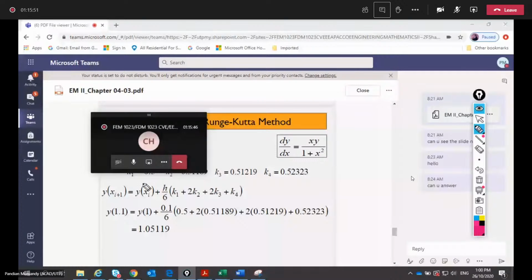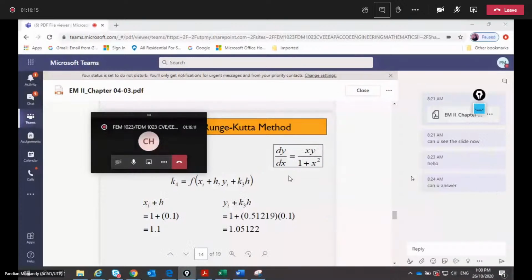This 1.1 will go here, the next one, and then your K1, K2, K3, K4, you have to calculate again. But h remains the same, because your K1, K2, K3 depend on the formula.